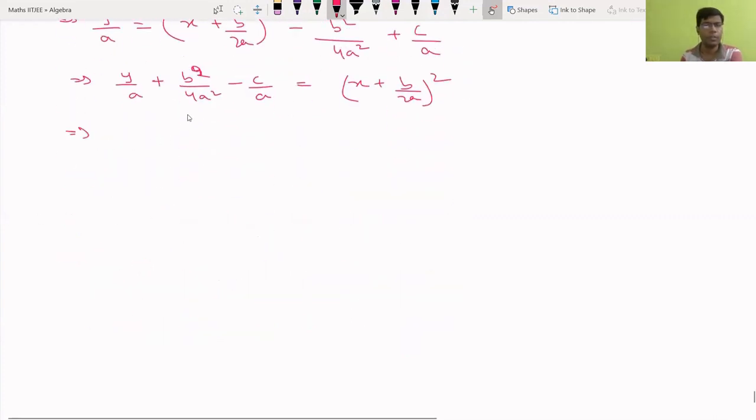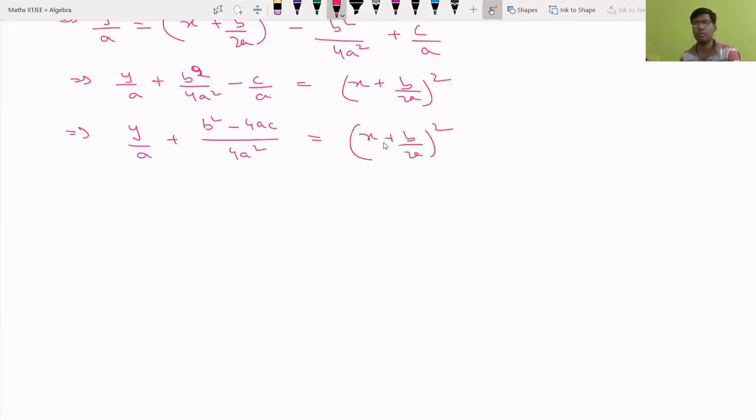So if I take LCM, I will get, okay, let me just write it as y by a here, plus take LCM in these terms. So this will be 4a square, b square minus 4ac is equal to x plus b by 2a whole square. So this is what I have got.